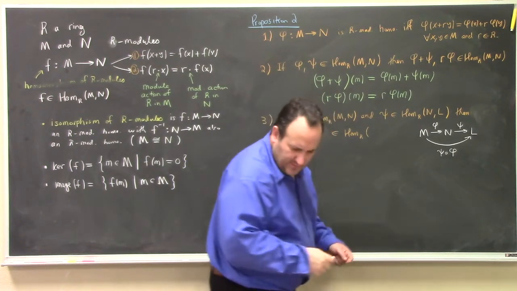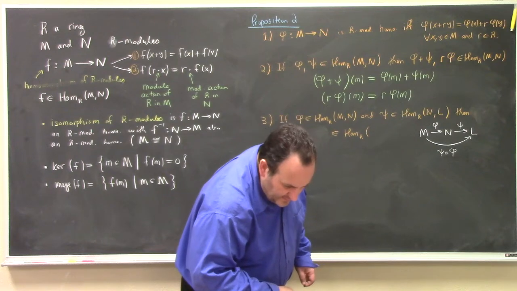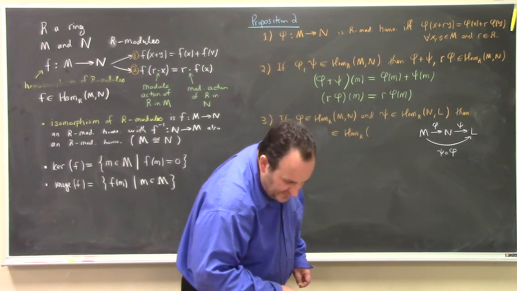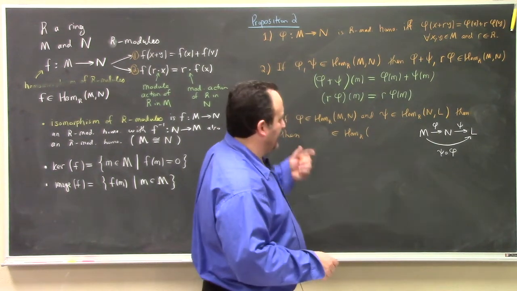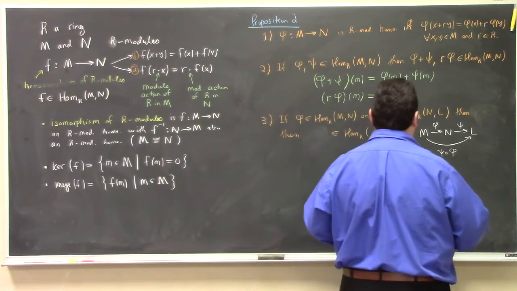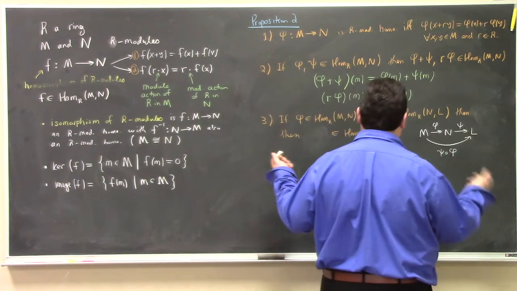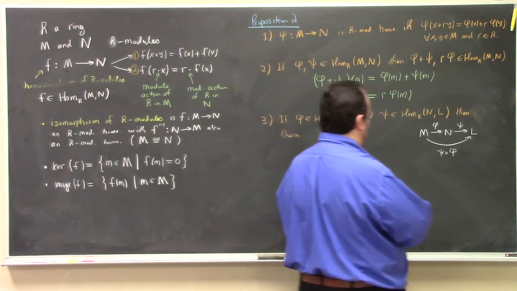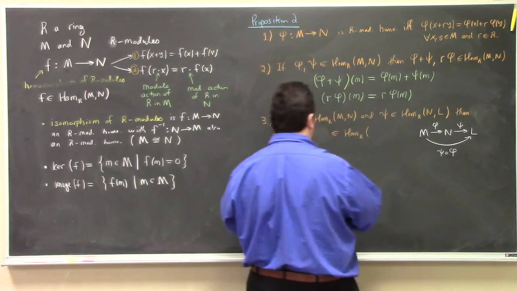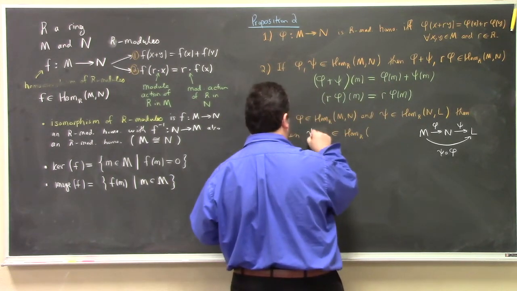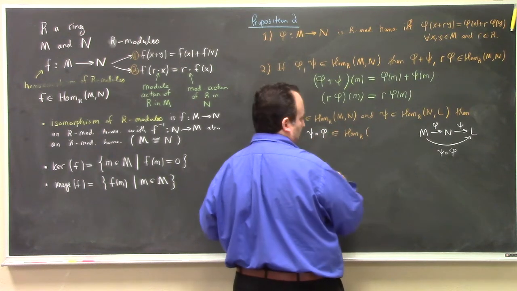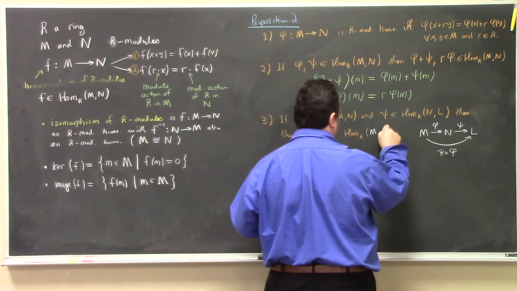I think I copied that down wrong. I mixed my letters up. So I'm going to go with what's on the board rather than what's in the book, if it's okay. Then psi composed with phi is going from M to L.